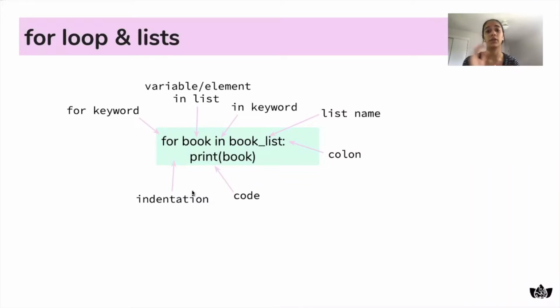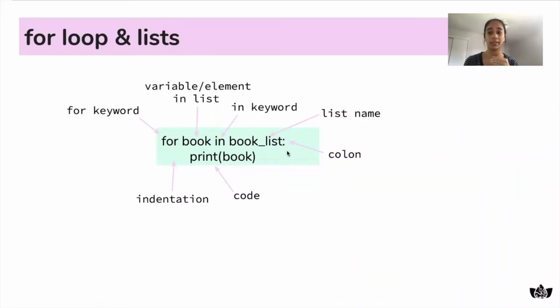In this example, we have a list of book names. So this says that for a single book in, that's the in keyword, in your whole list. Again, that's for a single book in your book list.